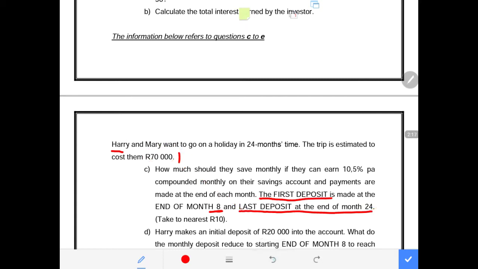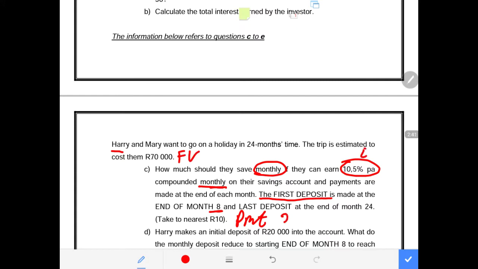So what are we calculating? Obviously we are calculating the payments. How much should they save monthly? The keyword is monthly, therefore we are calculating the payments. The interest is 10.5% per annum compounded monthly, and the payments are monthly, so that is lovely. We do have the future value, we do have our interest.